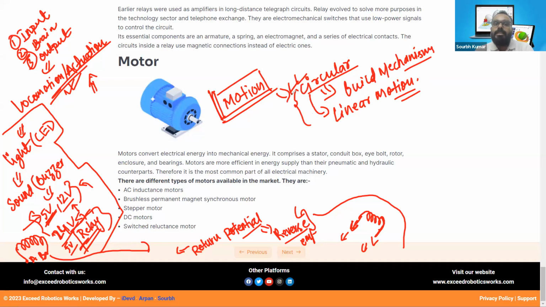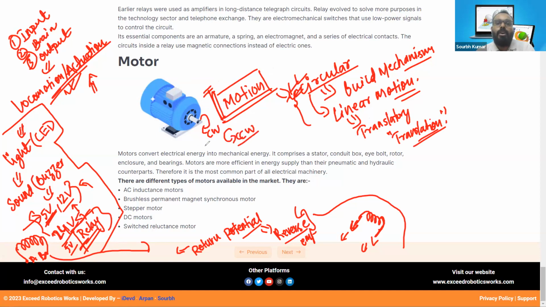If we are trying to convert circular motion to linear motion, we call that translatory motion. Translatory motion, or translation of motion, is all about converting one type of motion into another type of motion. Using the motor itself, we can only produce circular motion, and circular motion will be either in the clockwise direction or in the counterclockwise direction.